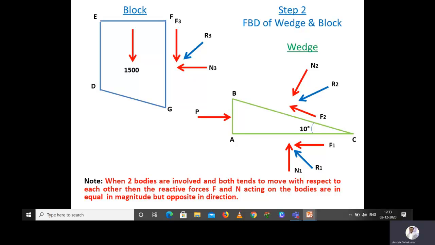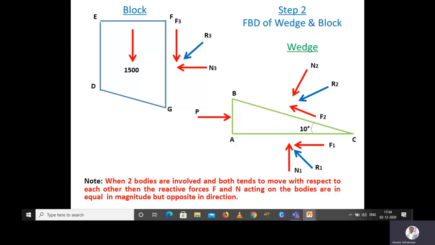If you see the wedge, F2 is acting towards left with respect to the surface BC and N2 is acting downward with respect to the surface BC. So according to the definition, when two bodies are involved and both tend to move with respect to each other, then the reactive forces F and N acting on the bodies are equal in magnitude but opposite in direction.